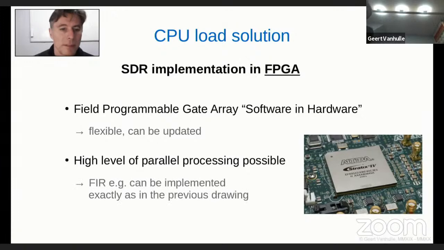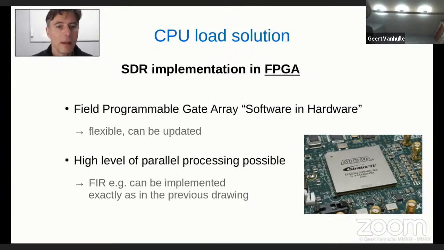So, for example, this FIR filter can be implemented exactly the way that we've drawn it. We can make an addition circuit. We can make a delay circuit; these are simple flip-flops. And these flip-flops are very easy to implement in this FIR filter fashion inside an FPGA. So this is perfect.